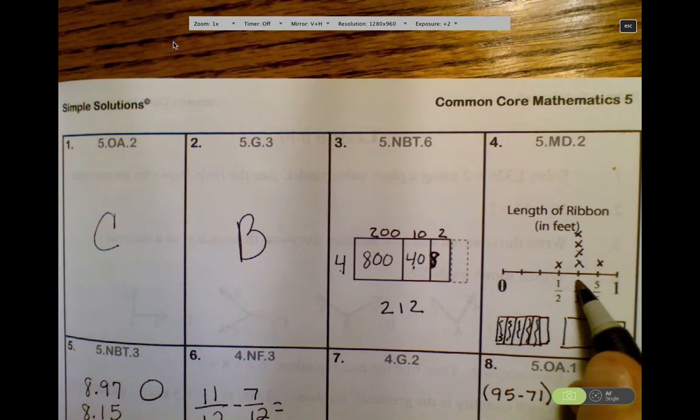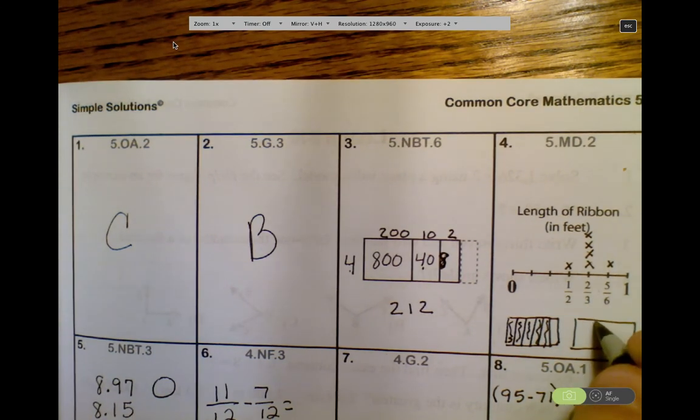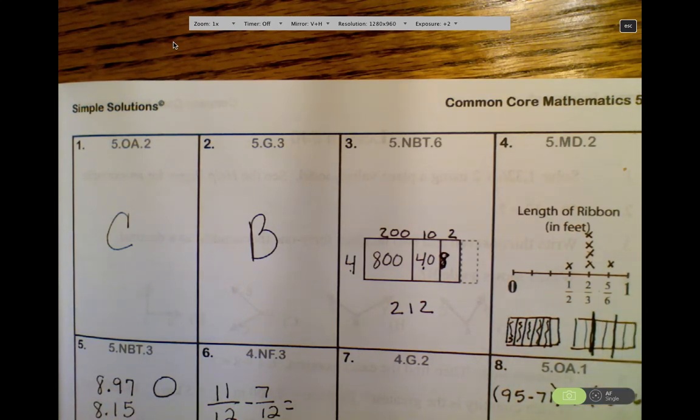My next box, I need to talk about thirds. So I'm going to divide that into thirds. Okay, these are my thirds, and I'm going to extend those so you can see them. But remember, we still need to talk about sixes. So we need to see that if I divide each of these in half, those are sixes again. So we're done with our 5/6.